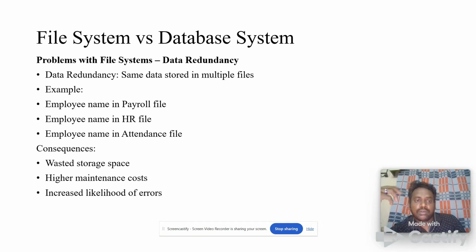Redundancy means the same data is stored in multiple files. What is the consequence? We already have the folder in a particular location, but it is still copied to multiple locations. Because of this, a major disadvantage is wastage of storage space.